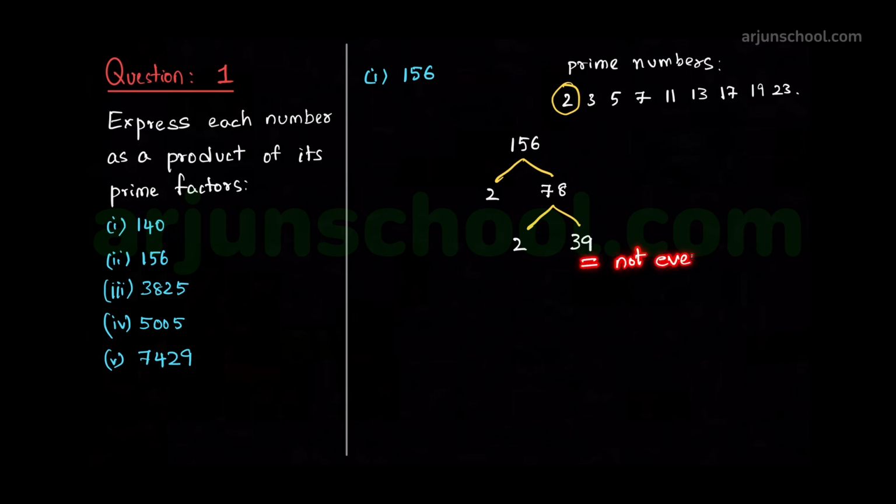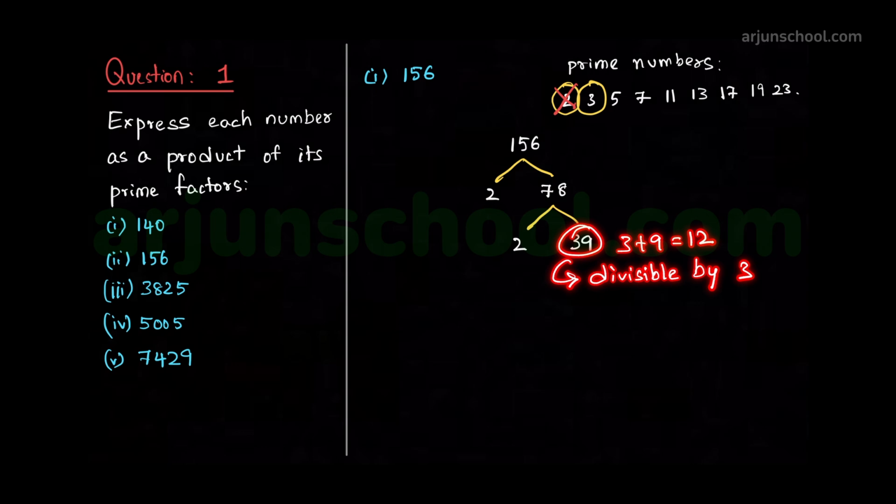39 is not even. So, not divisible by 2. Check divisibility by 3. The sum of the digits of 39 is 3 plus 9, which is equal to 12. 12 is divisible by 3.